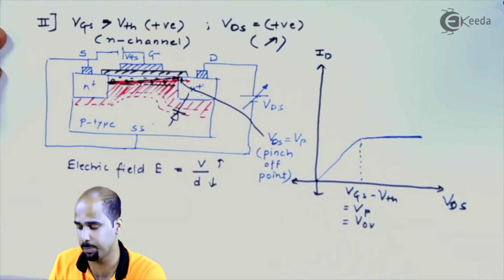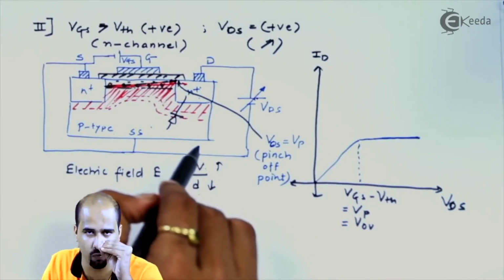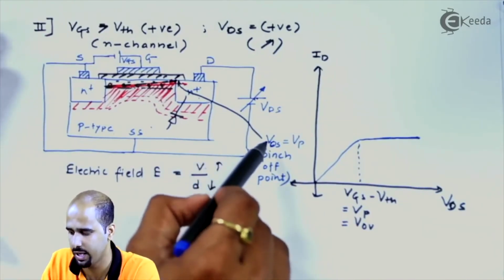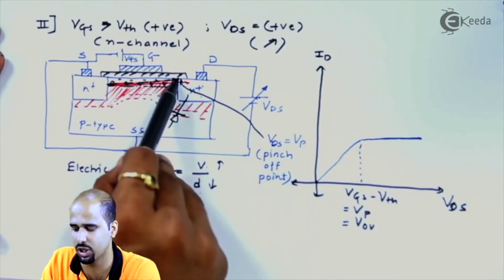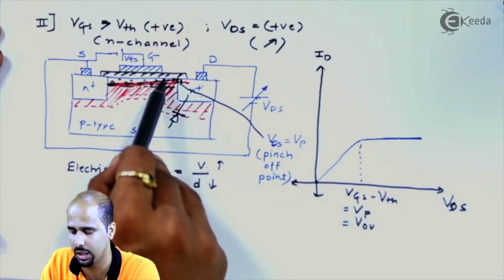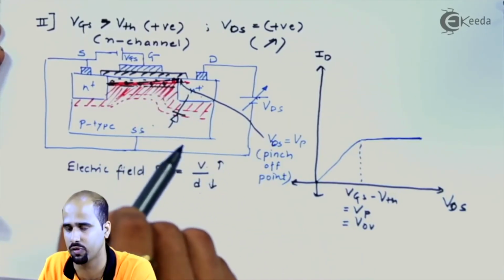Why is it called a pinch off point? Because the channel gets pinched off, and that's why this particular point near the drain region, at the channel drain interface, is called the pinch off point.